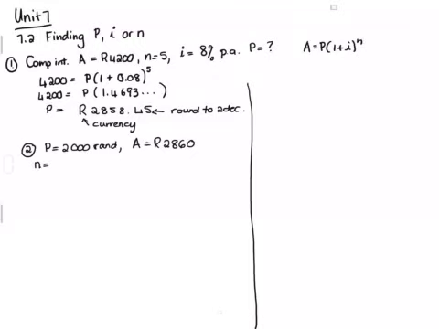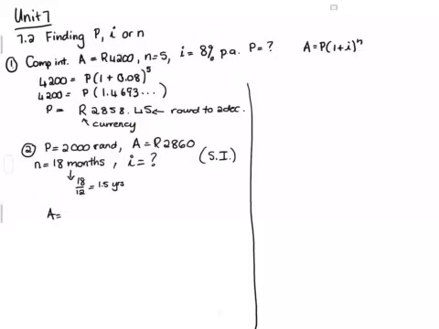And that was at the end of 18 months. And I want to know what was the interest rate. And this question was simple interest. First thing, 18 months is 18 over 12 years, which is 1.5 years, because we need it in years.